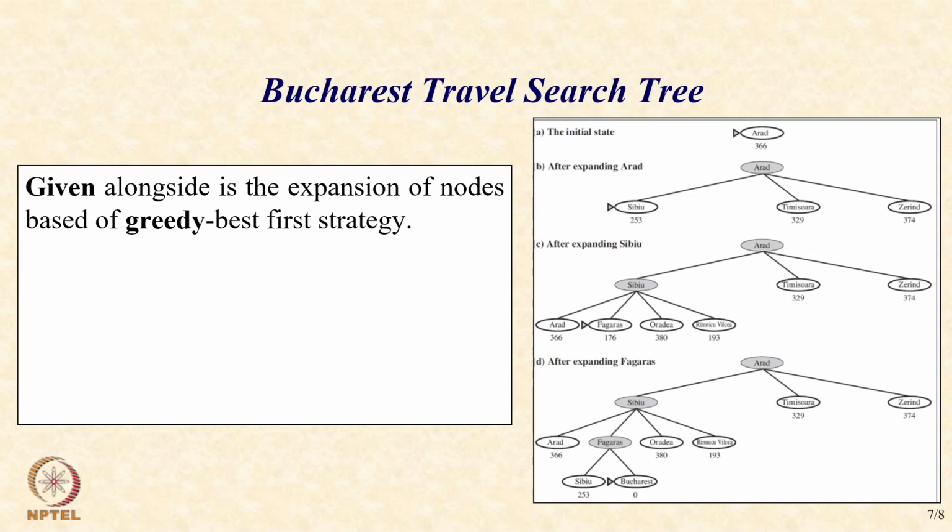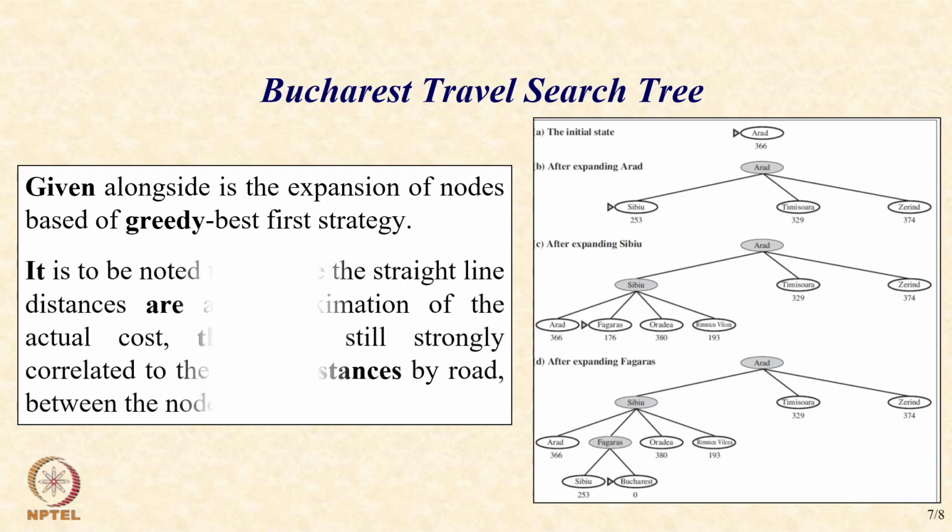Now, if you add the costs of these, that is from Arad to Sibiu, Sibiu to Făgăraș, and Făgăraș to Bucharest, that would be the shortest and the best path that one would take.